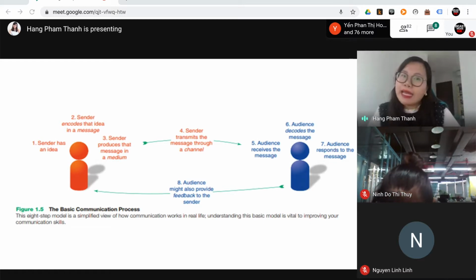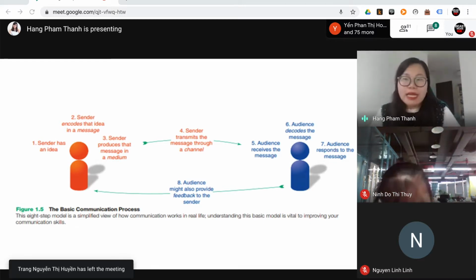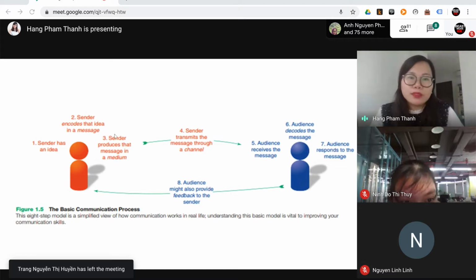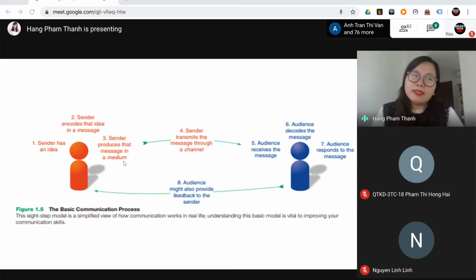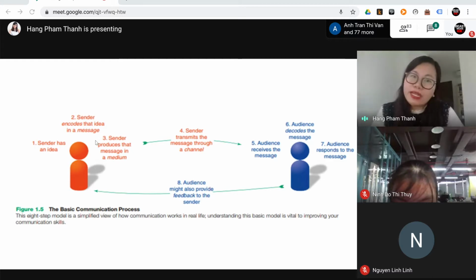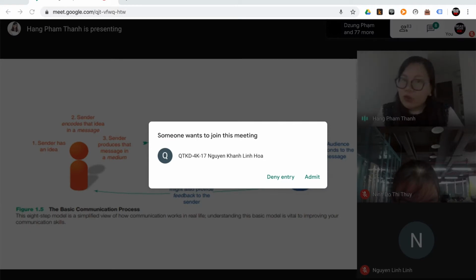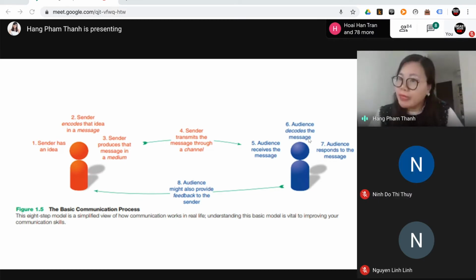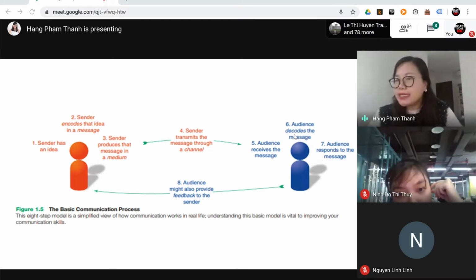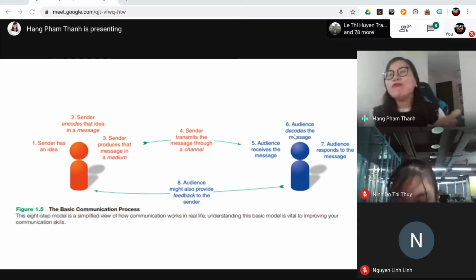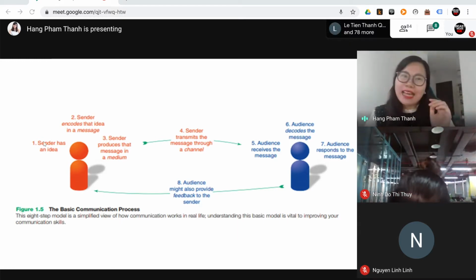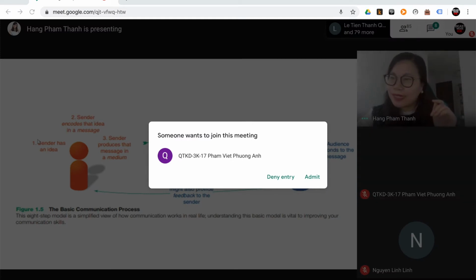After having an idea and encoding it into a message, the sender will produce that message in a medium, maybe an oral face-to-face message or an email, and then transmit the message through a channel, maybe a face-to-face conversation or via the computer, via the internet. When the audience receives the message, the audience will also decode it, and the way the audience decodes the message may be very different from the original idea from the sender.